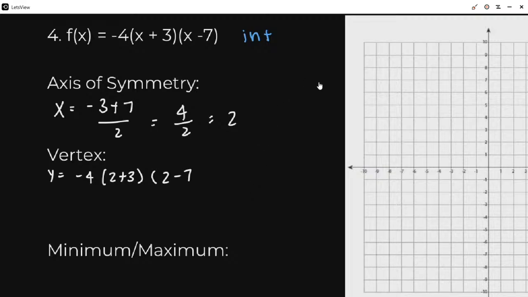Sorry. Okay, hold on. So then we'll get y equals negative 4 times 5 times negative 5. So we get y equals 100. So that's going to be the point 2, 100.